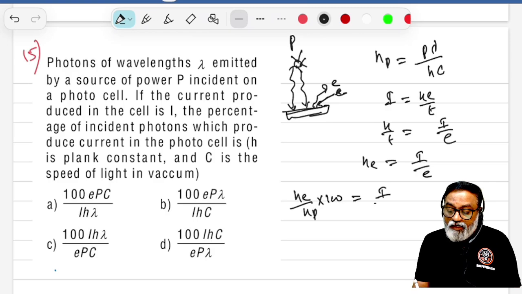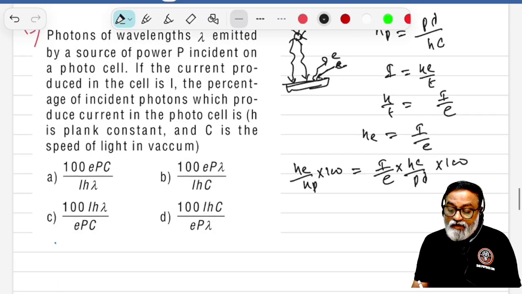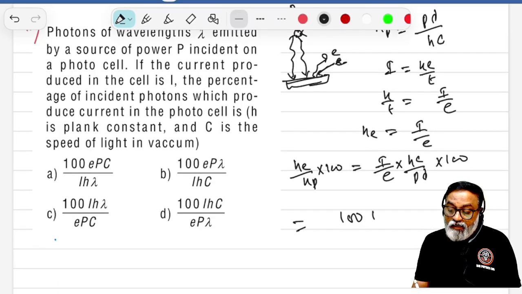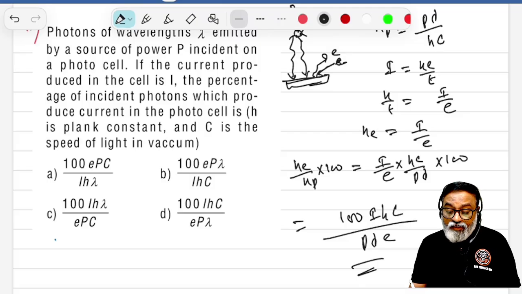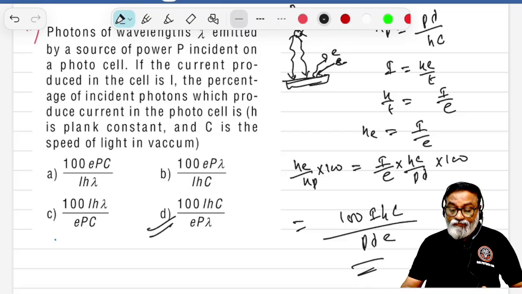That is I by e divided by Np, meaning hc by P lambda, into 100. This becomes 100 I hc by P lambda e. This is the answer. That is answer D, correct.